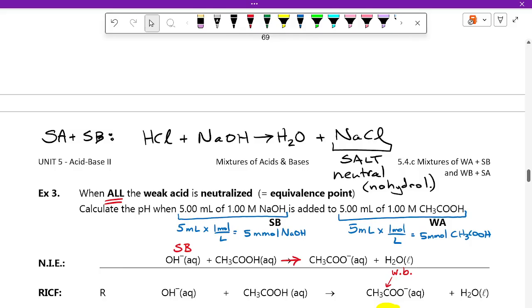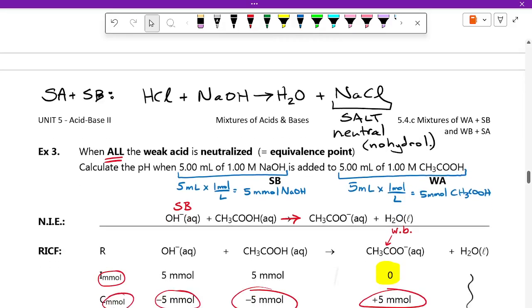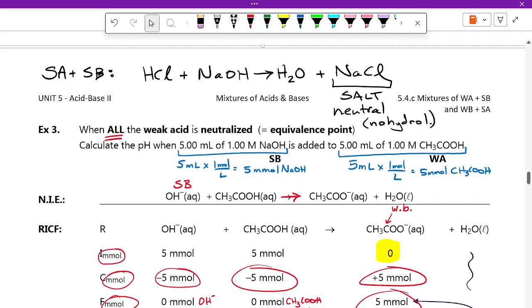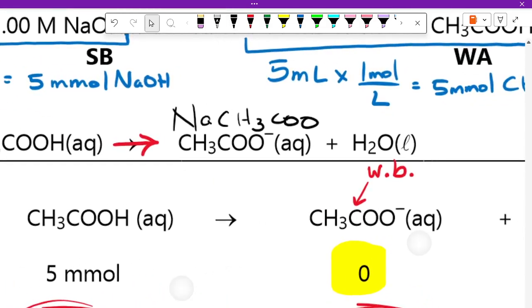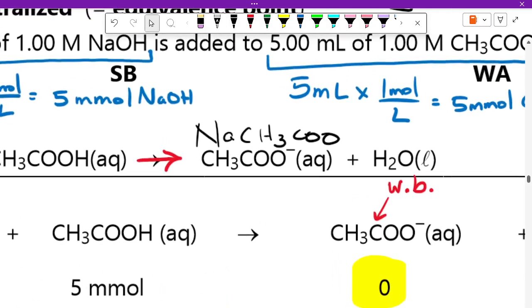But when we have our NaOH and our CH3COO minus, we've got the net ionic equation here, but this would really be NaCH3COO, right? If we didn't get rid of our spectator ions. Is that an acidic salt, a basic salt, or a neutral salt?